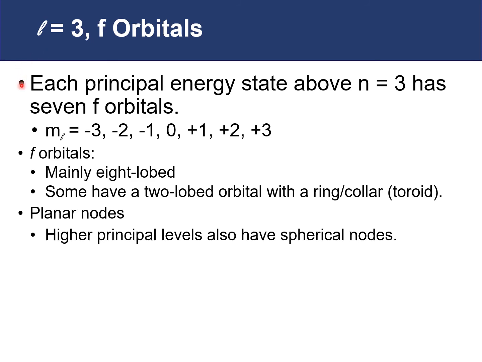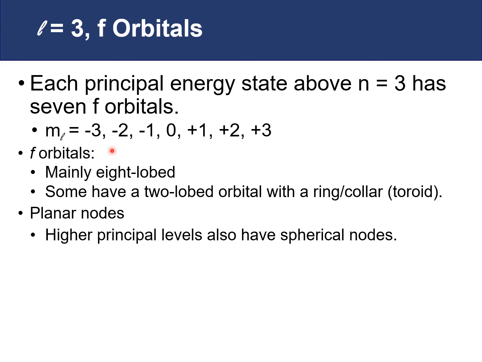So for each principal energy state above, and again not including 3, we'll have 7 different f orbitals. The f orbitals correlate to m sub L values of -3, -2, -1, 0, +1, +2, and +3. Again, your m sub L values range from -L to +L, moving in integer values and containing 0 in between.